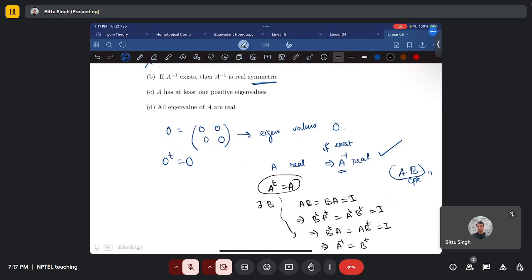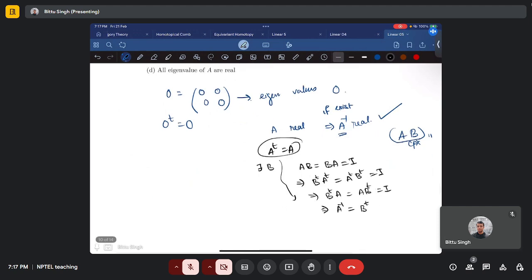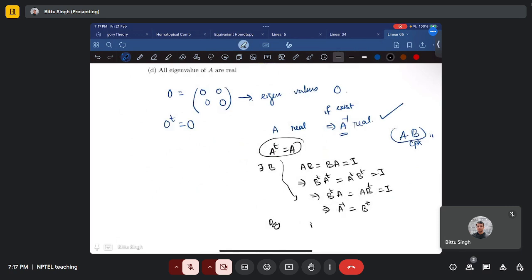But the inverse of a matrix, if it exists, is always unique, right? Therefore, by uniqueness of inverse, since we have already assumed that B is the inverse of A, that's why we are getting that equation.